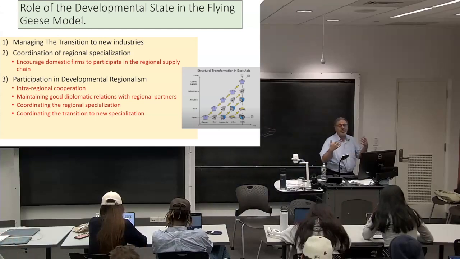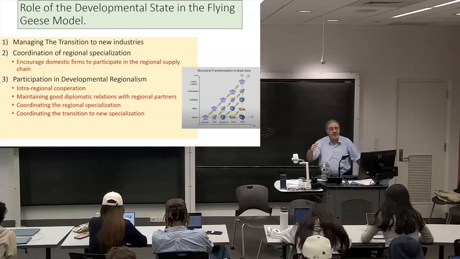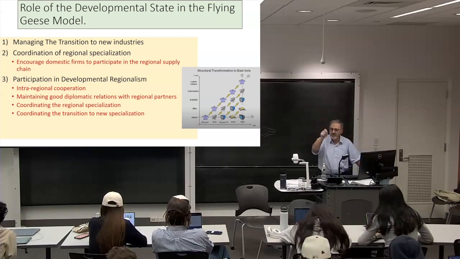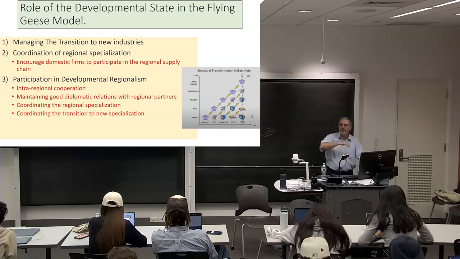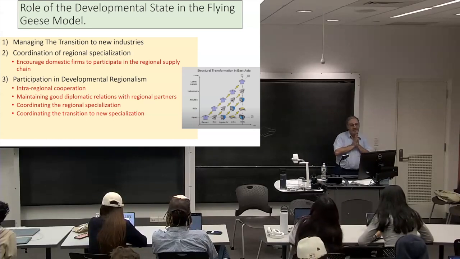So an important role of the developmental state is to continuously negotiate with economic partners in the region. Taiwan negotiating with Korea, with Hong Kong, with Singapore, China, all of them, for management of these multi-country supply chains.